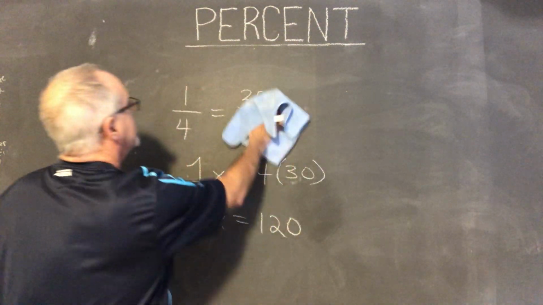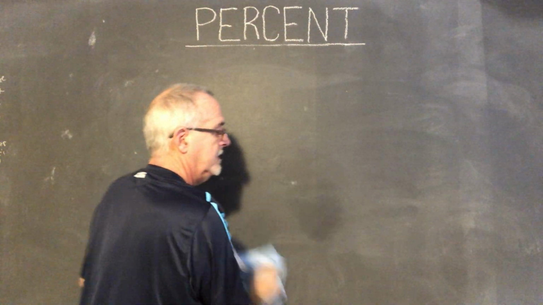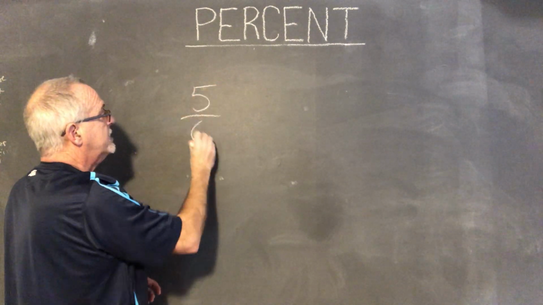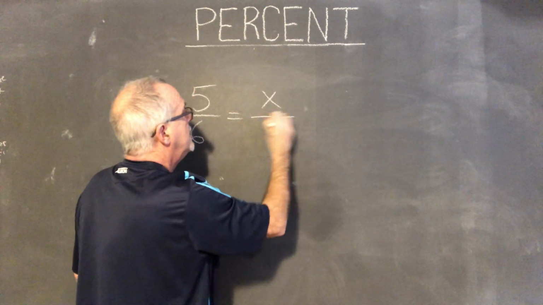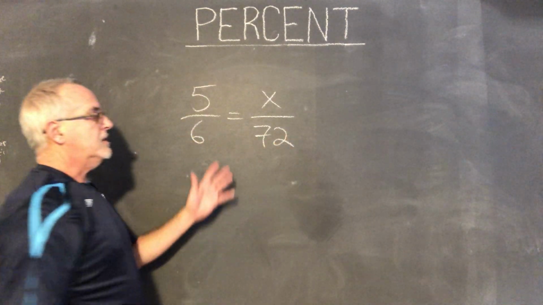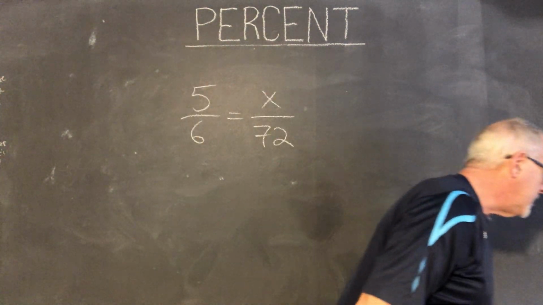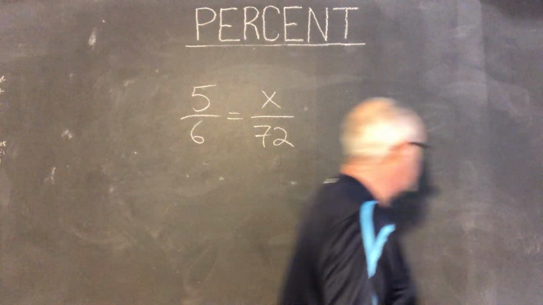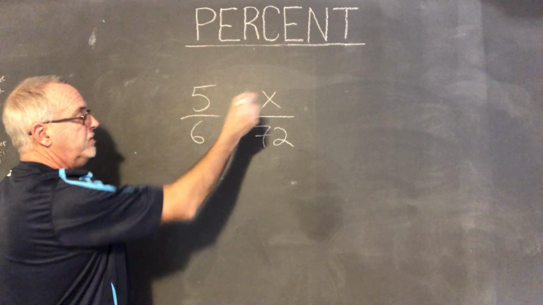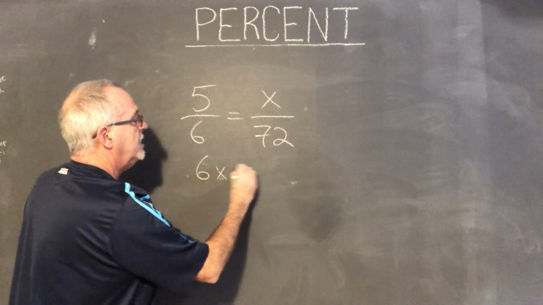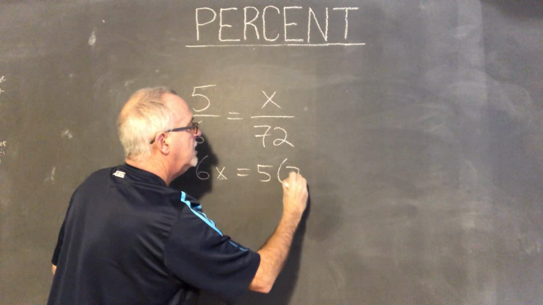5 over 6 is equal to x over 72. Okay, so the numbers are getting larger, but that doesn't matter. We can still handle it. Okay, so I am doing top times bottom equals bottom times top. I'm doing 6 times x equals 5 times 72.